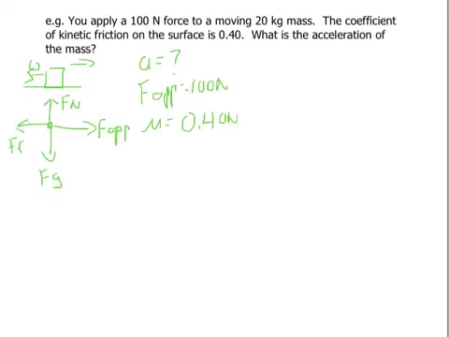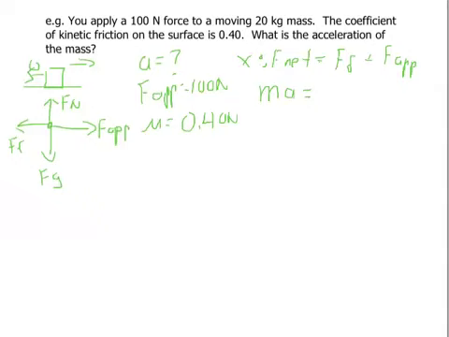So because we're interested in the acceleration, let's look at the x direction first. F net is our friction force plus our F applied. We can replace F net with ma because we know the box is accelerating in the horizontal direction.